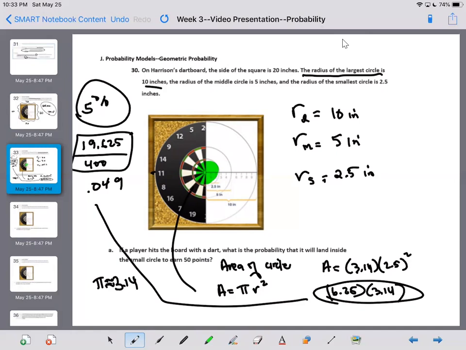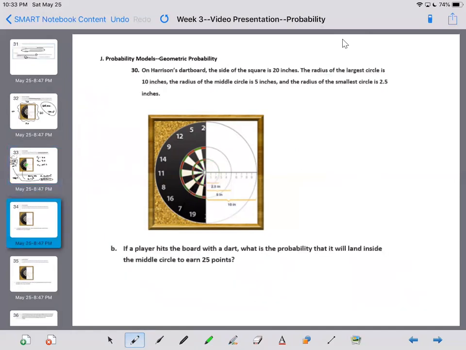So now let's look at the middle circle. We want to earn 25 points with this. In order to do that, that radius is going to be 5. So the area is 3.14 multiplied by 5 squared. 5 squared is 25, and we multiply that by 3.14, which gives 78.5 square inches.